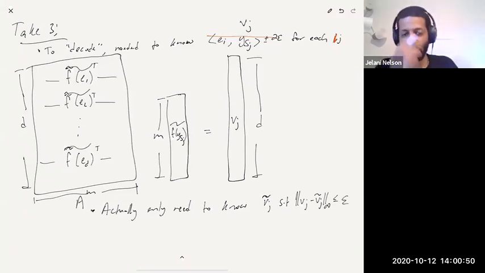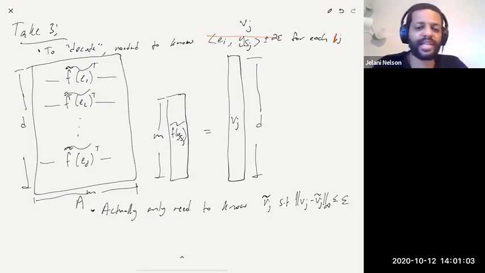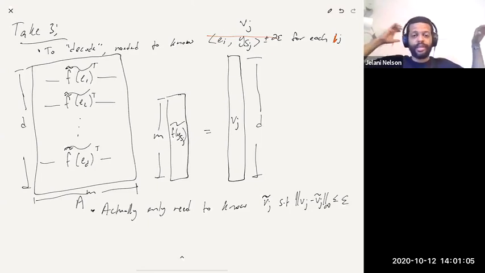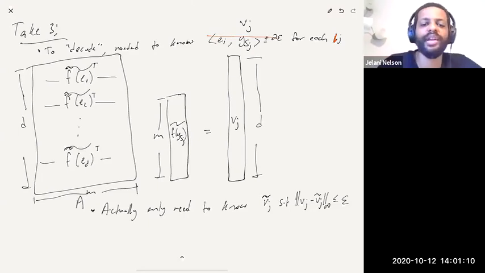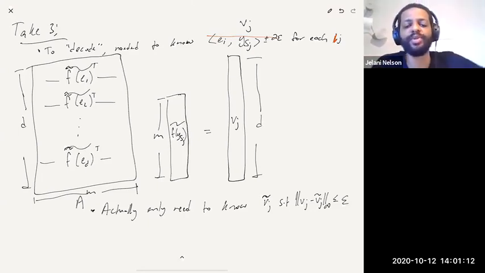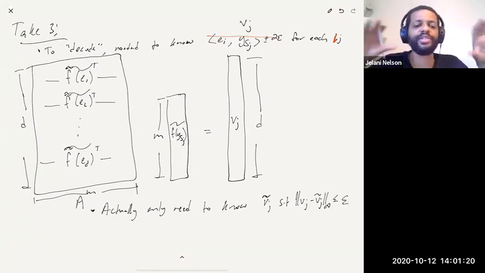What are the entries of v_j? They're either between minus 2 epsilon and 2 epsilon, or between 8 epsilon and 12 epsilon. That tells us whether or not i is in S_j. If we know it only up to another additive error of epsilon, it's between minus 3 epsilon and 3 epsilon, or between 7 epsilon and 13 epsilon. Those intervals are still disjoint, so we can still tell whether or not i is in S_j.